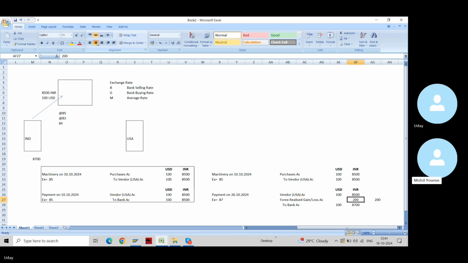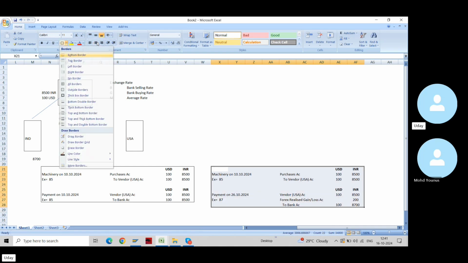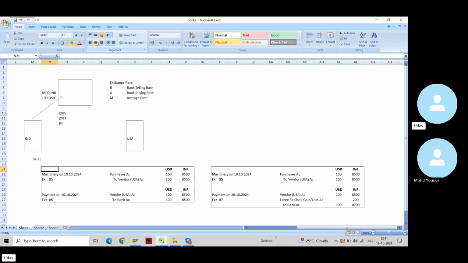So now you are able to match debit and credit here, the same 8,700 and 8,700. In the first scenario, whenever you have the same exchange rate on the purchase invoice posting date and the payment date, there will be no change.